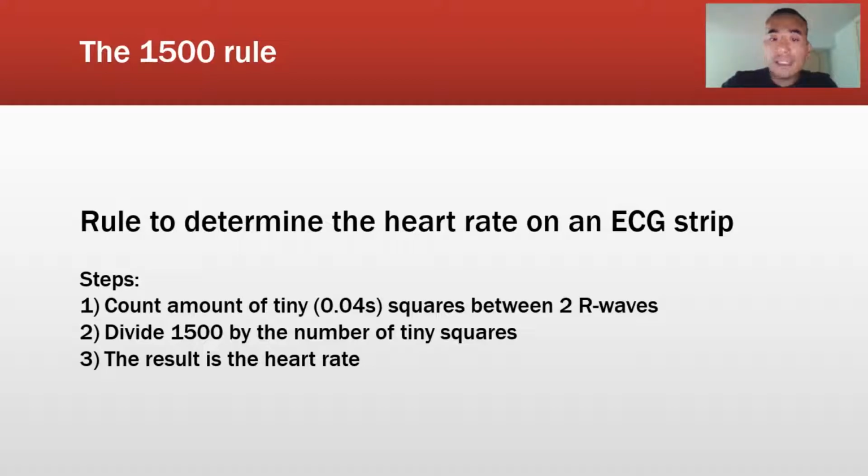For example, if I find 10 tiny squares between the 2 R's, I divide 1500 by 10, and it gives me 150. So in this example, the heart rate will be 150 beats per minute.